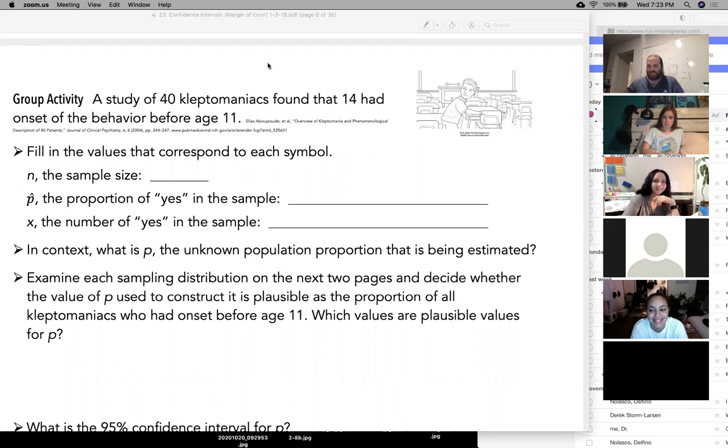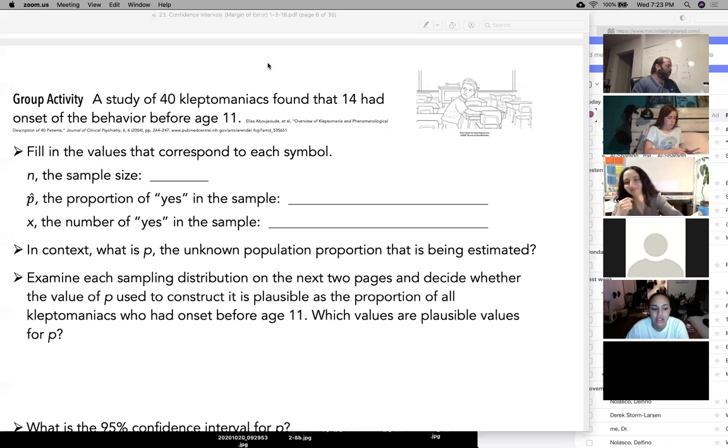So, what is the sample size in this example? The 40. 40 kleptomaniacs. What is the proportion of yeses in the sample? 14 is not a proportion. 14 is the actual number of yeses in the sample. So it's 14 of 40.